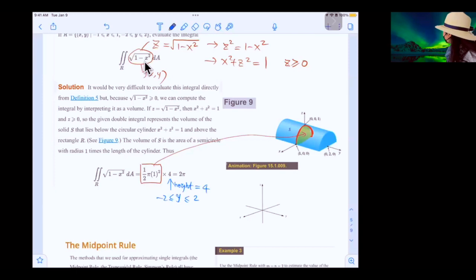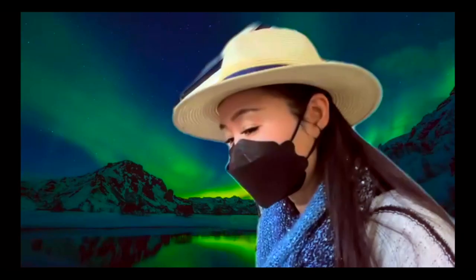So when we interpret this double integral as the volume under this positive surface, we can find it without doing the integration methods. Just interpret it as the volume under this surface.